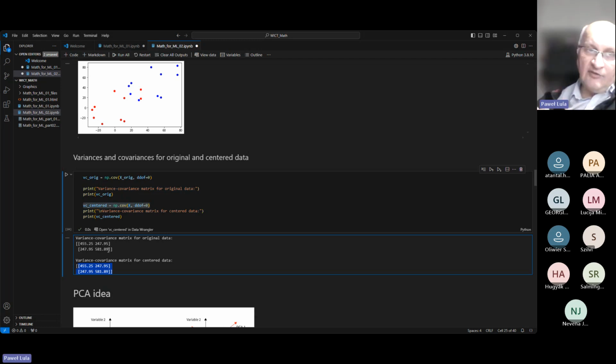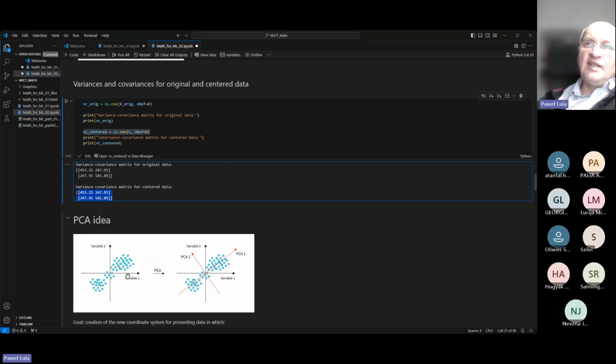Therefore, because we will use the information about variances and covariances in our analysis, first, having the original data set, I will center it, because it has no impact on the variance-covariance matrix, but it makes it easier to perform calculations.